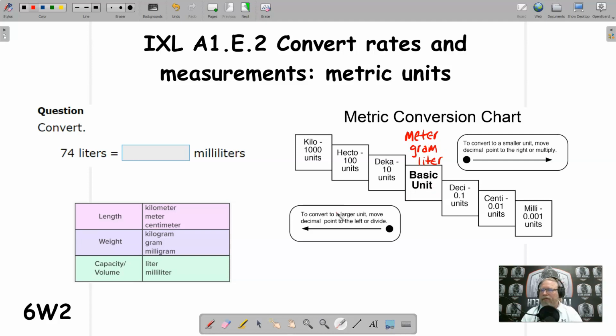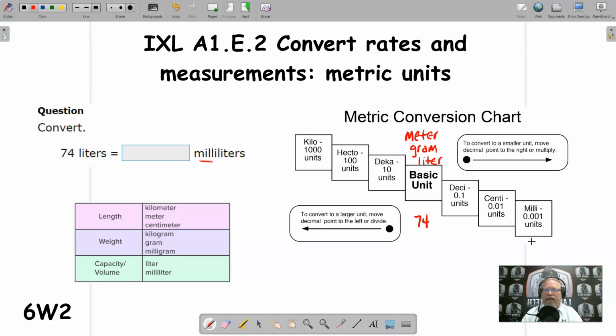All right, so with that in mind, let's also look at this little tip that we have here on the conversion chart. To convert to a smaller unit, move the decimal point to the right or multiply. To convert to a larger unit, move the decimal point to the left, or that is to say, divide. So let's take this first example, 74 liters. I want to go to milliliters.